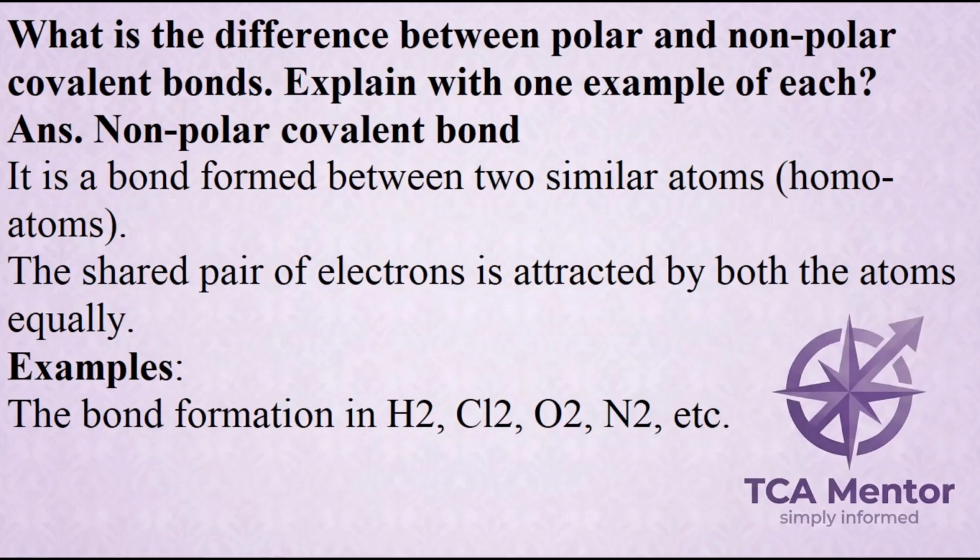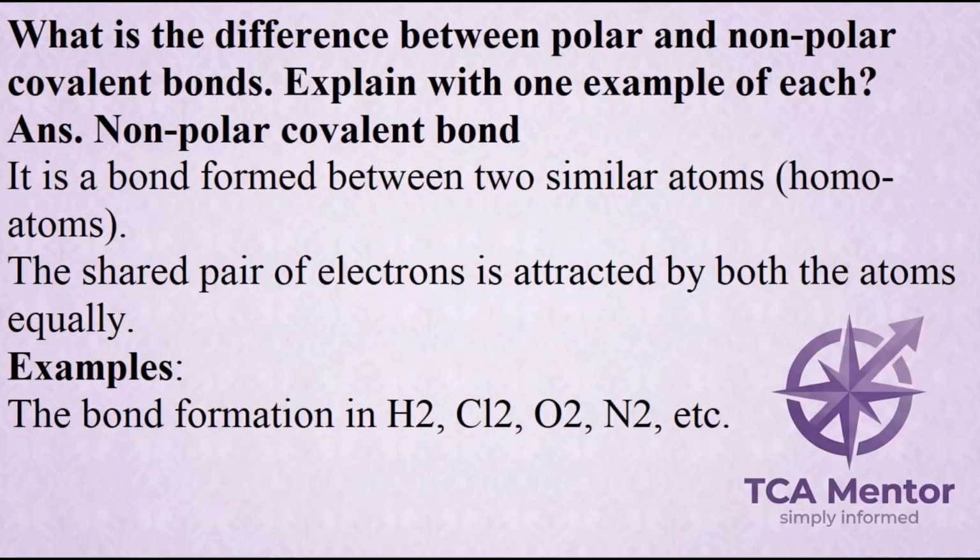What is the difference between polar and non-polar covalent bonds? Explain with one example of each. Ans. Non-polar covalent bond: It is a bond formed between 2 similar atoms, homoatoms. The shared pair of electrons is attracted by both the atoms equally.